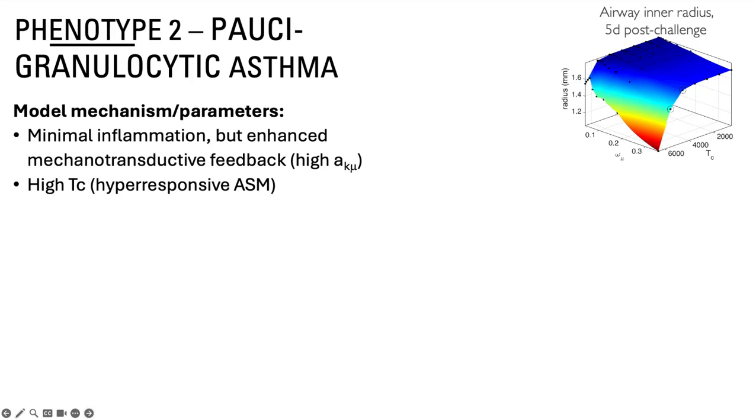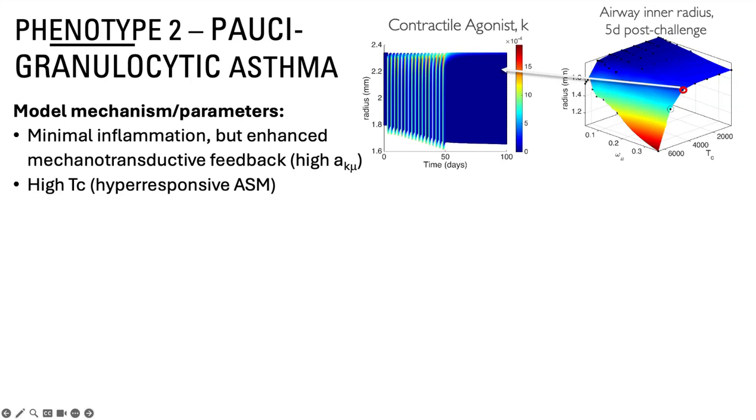Along here is this hyper-responsiveness type parameter. If we look at some point on that parameter space, we get something that looks like this. Here I'm plotting the contractile agonist.